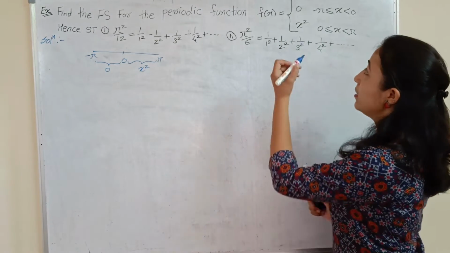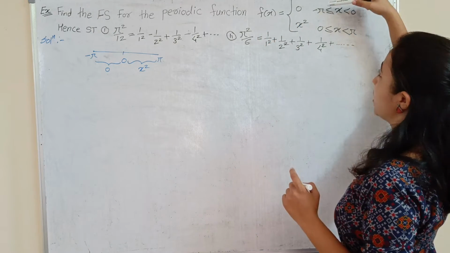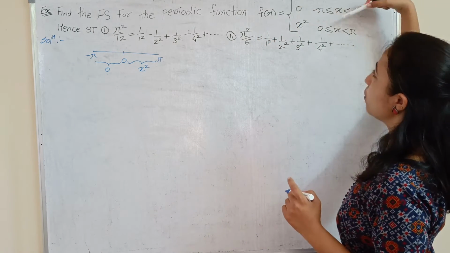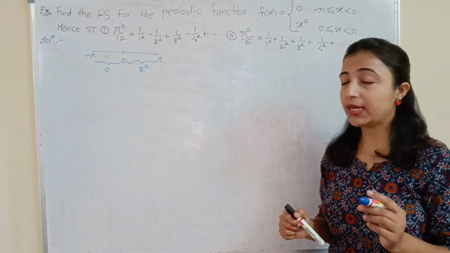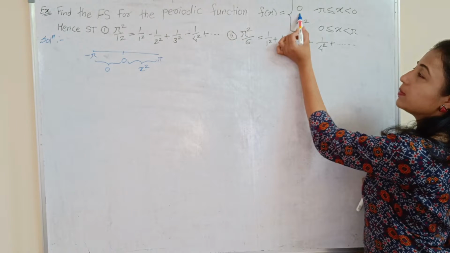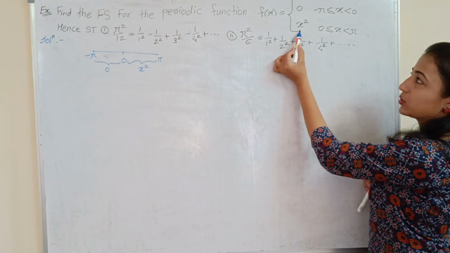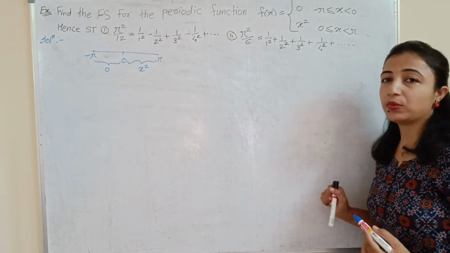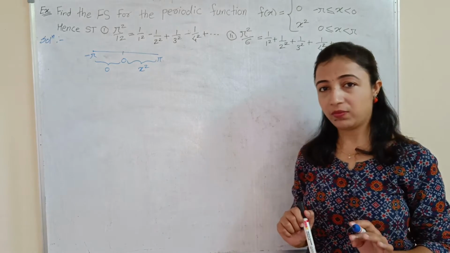Why? Because the function is divided into two parts, as you can see here: for minus pi to 0 it is 0, and for 0 to pi it is x square. If the function is divided into two parts like this, then if here it is x square, here it must be minus x square. The same term must be defined here with a different sign, then there is a chance of an even or odd function.